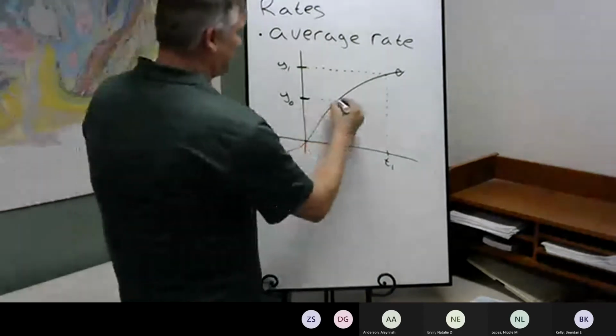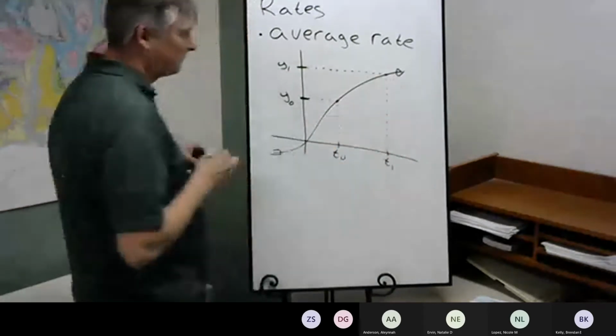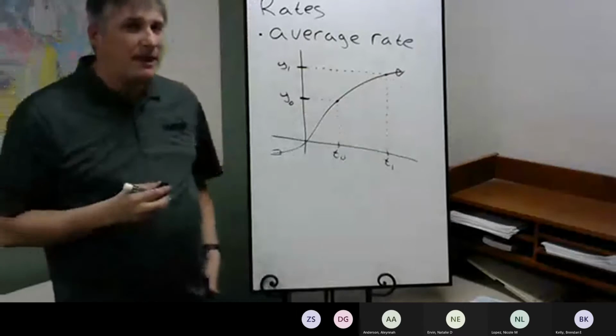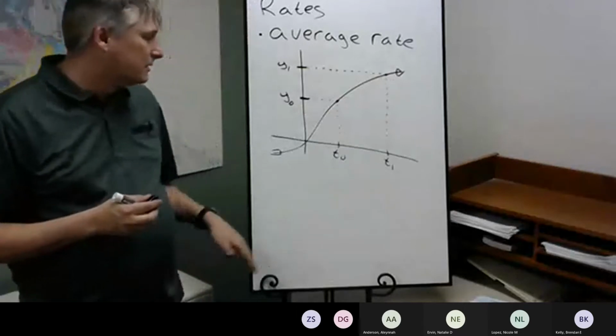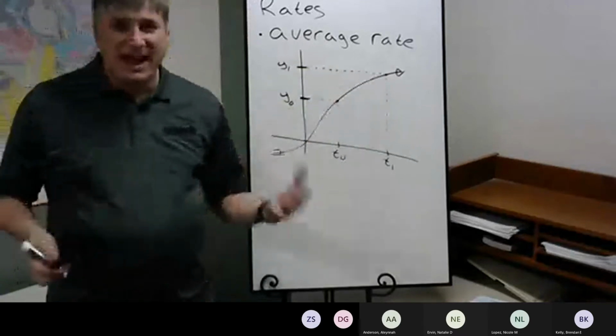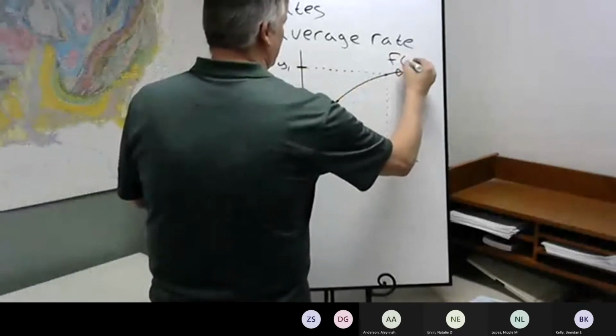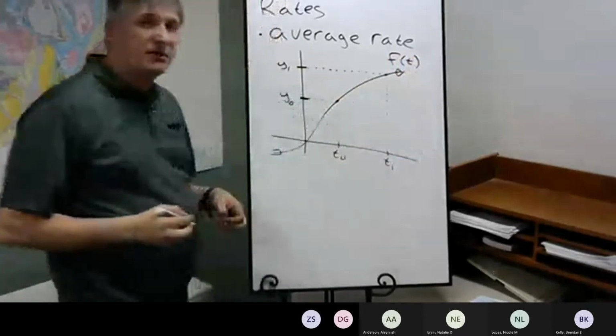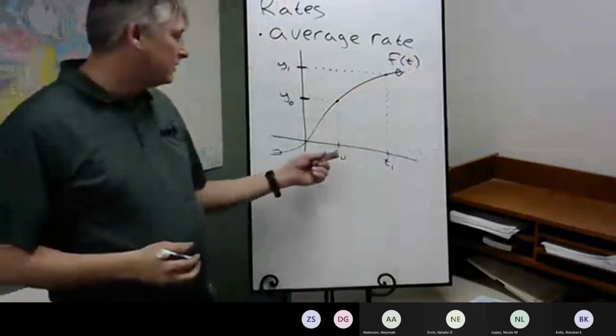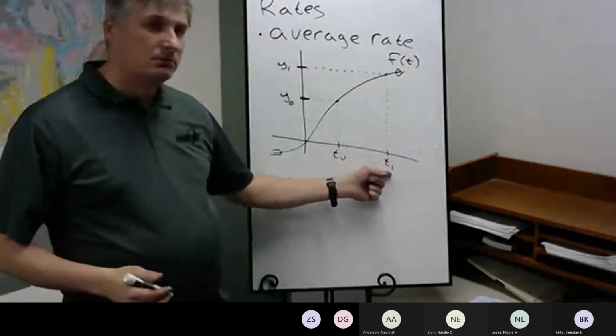Let's say we have this. We define the average rate. We have these 2 points, and we want to find the average rate of change for f of t from t0 to t1.